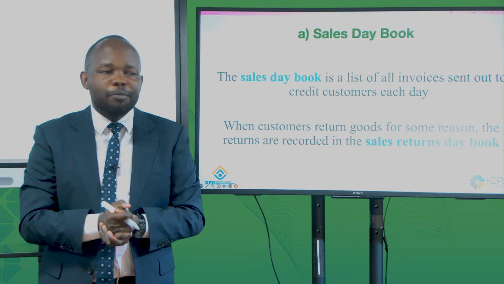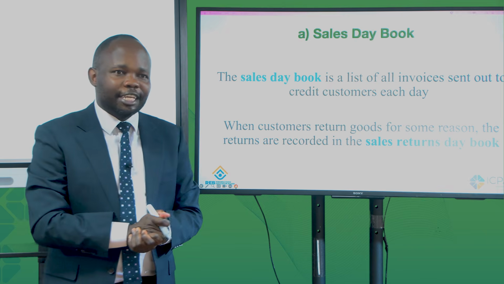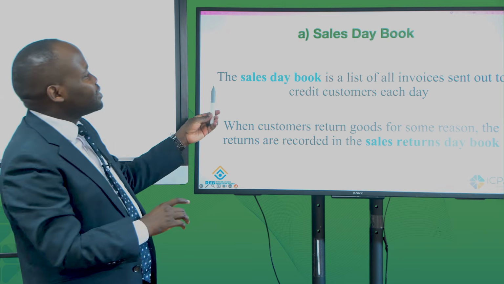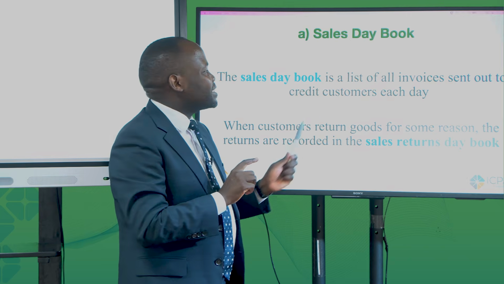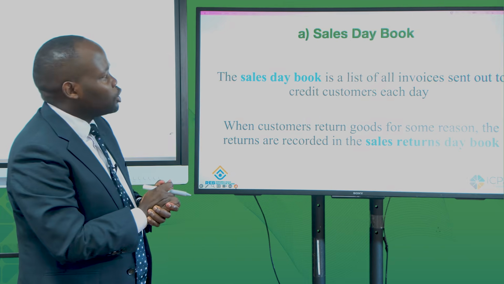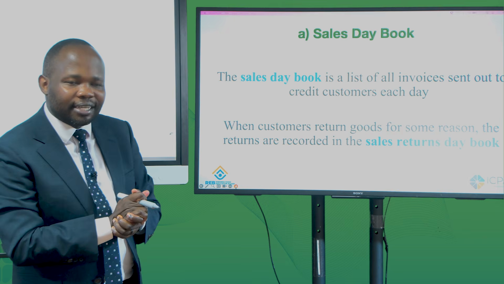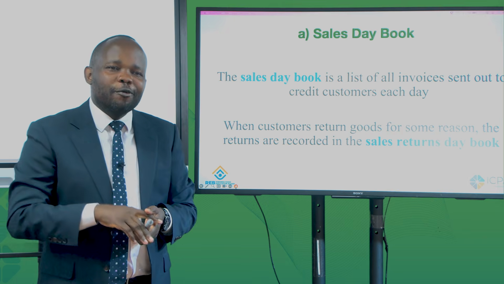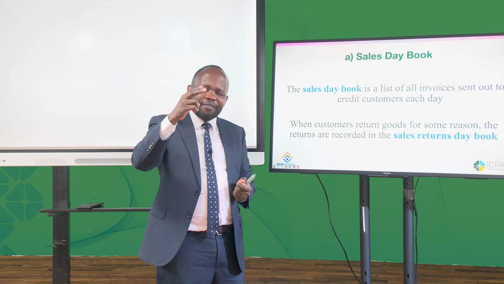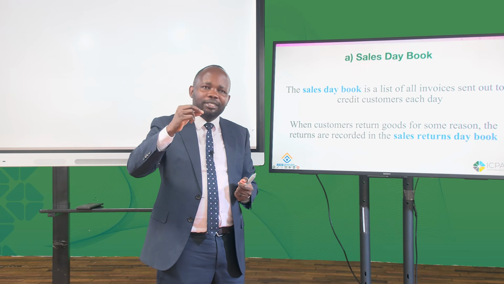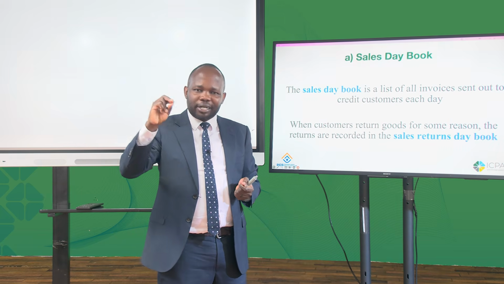So our first day book is called sales day book. Remember, a sales day book is a list of all invoices sent out to credit customers each day. When we make sales on credit, remember, in the previous unit we looked at types of business transactions.